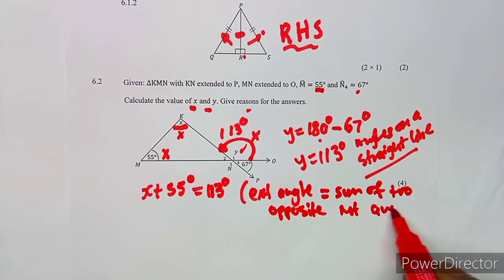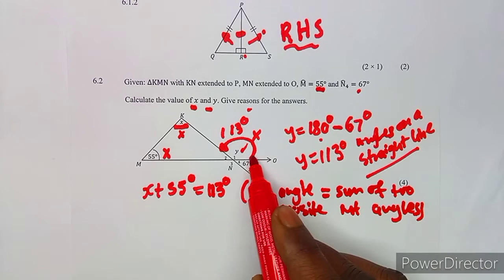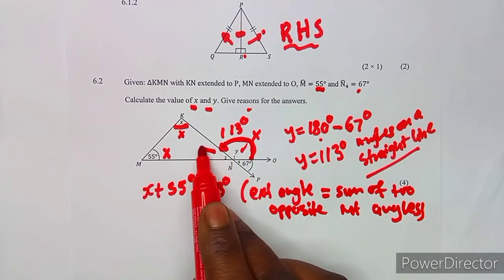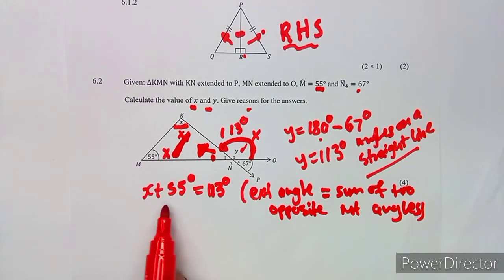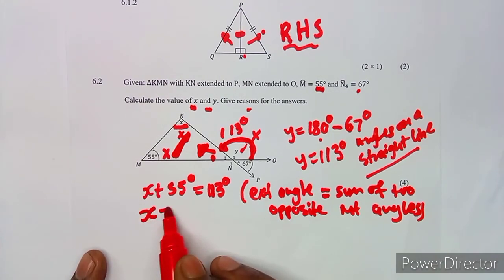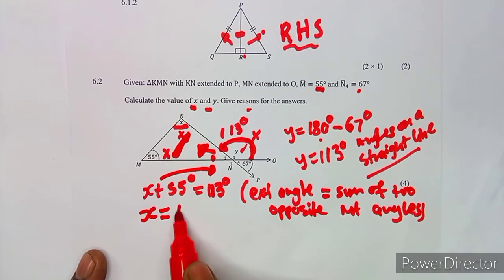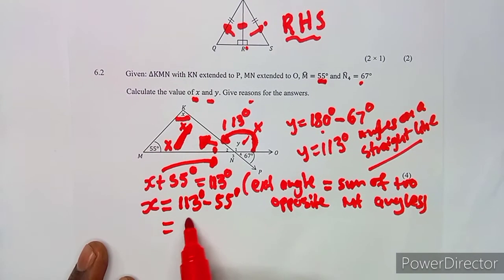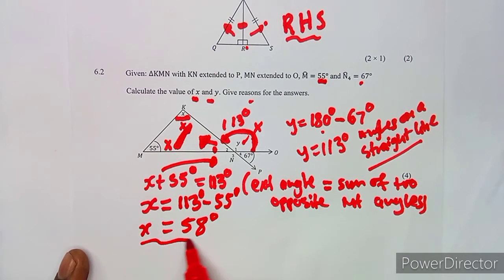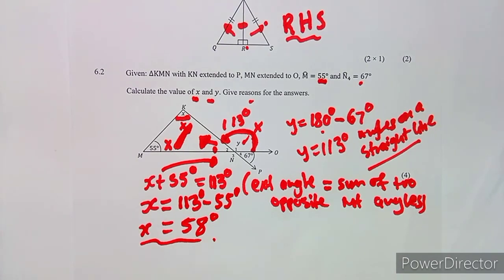The exterior angle, which is this one, is equal to the sum of the two opposite interior angles. So if we add x and 55, we must obtain 113. To find the value of x, transpose 55, which becomes minus 55. So that's 113 minus 55 degrees, which is going to give us 58 degrees. So that will be the value of x.